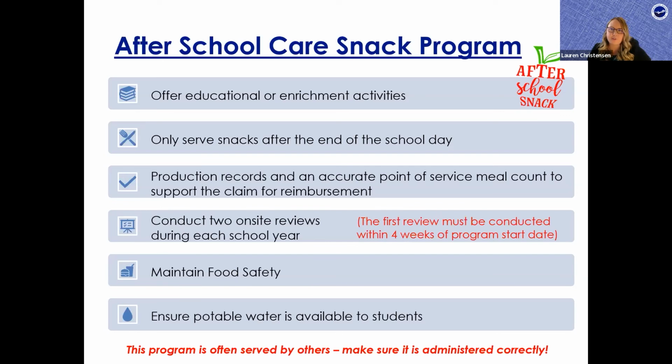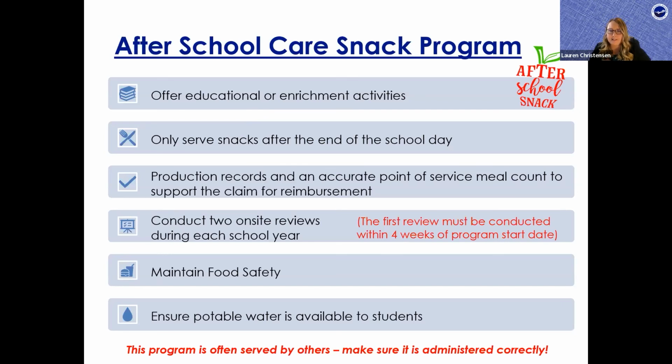For the after school care snack program, there are again similar things that we need to keep in mind. For instance, operators must complete production records and also obtain accurate point of service meal counts to support that claim for reimbursement.